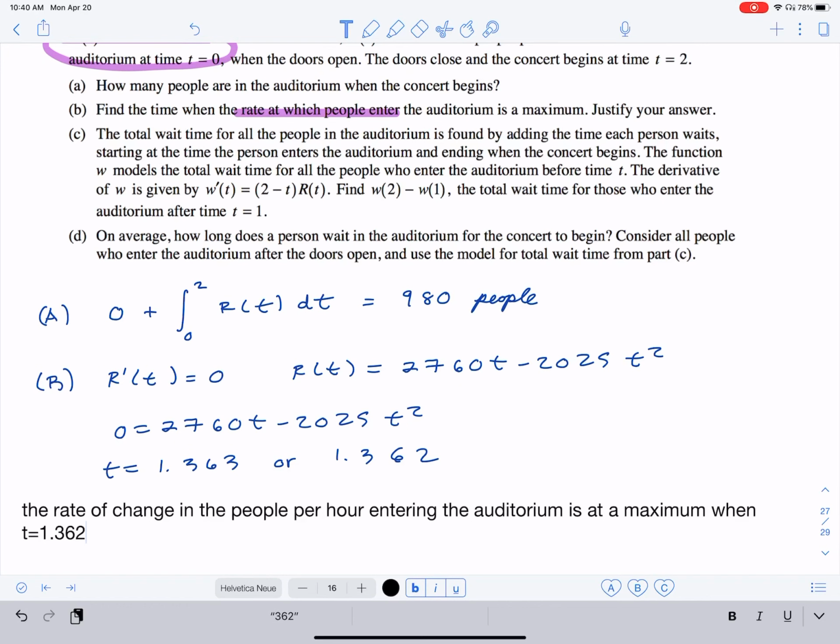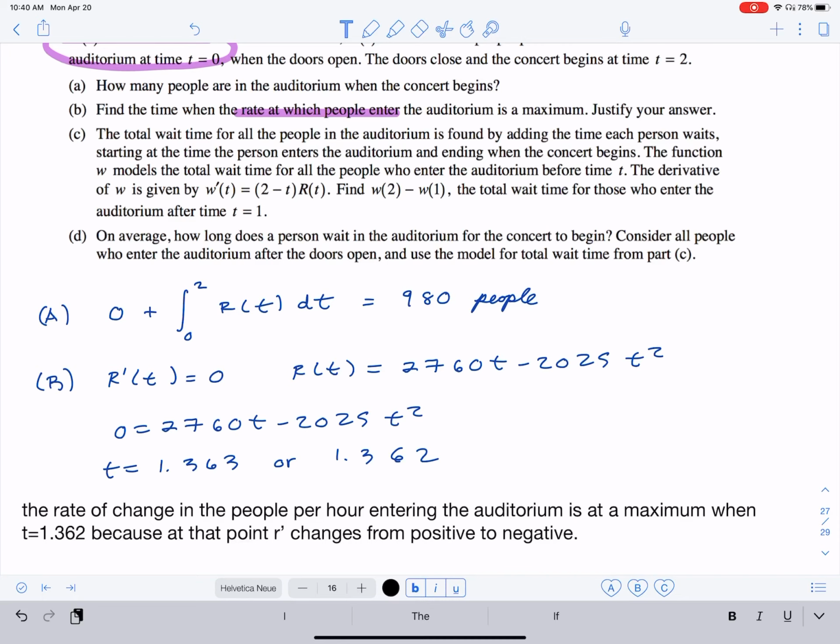You can use either of those two numbers, because at that point, r prime changes from positive to negative. Boom. Okay, let's keep on going.